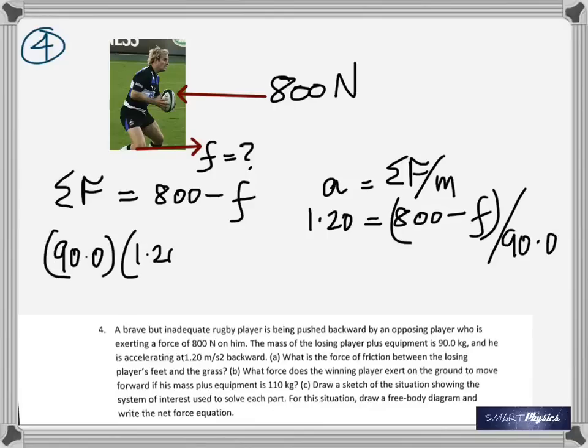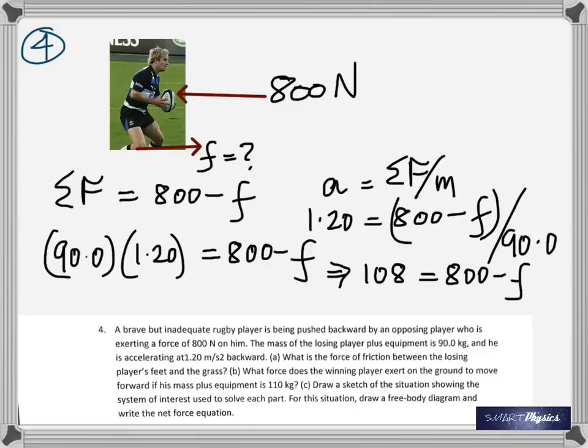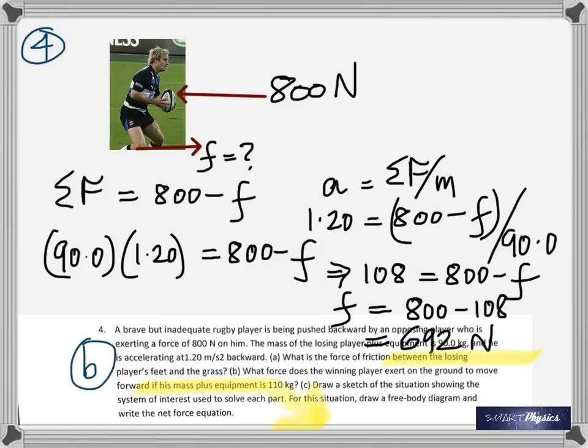Therefore, rearrange that, cross multiply. Are you getting that? When you multiply those two numbers, you get 108, and then switch sides and you get 800 minus 108, which is 692 newtons.